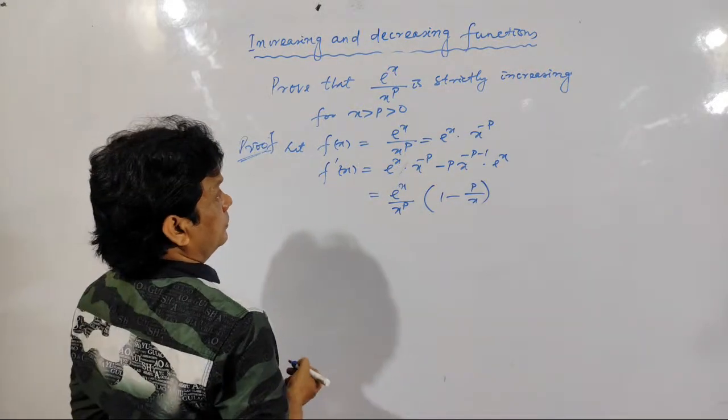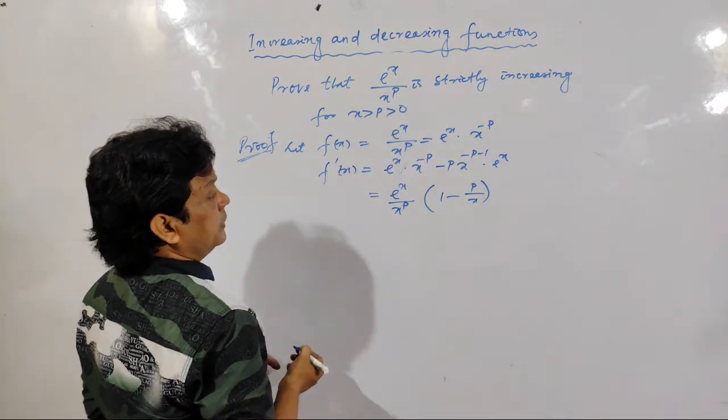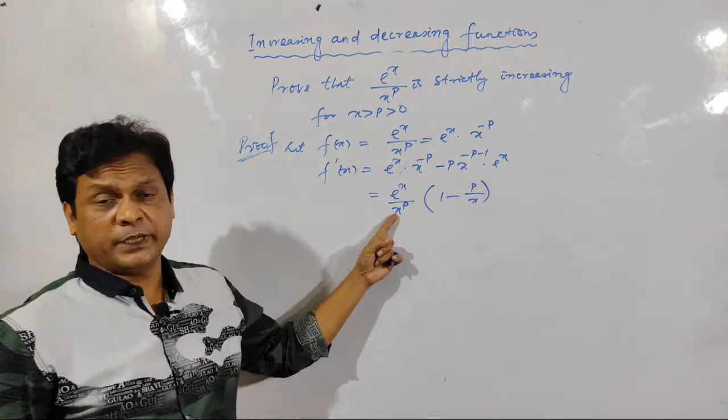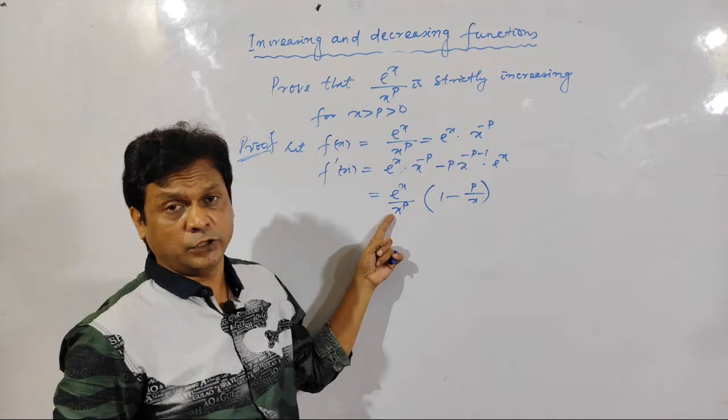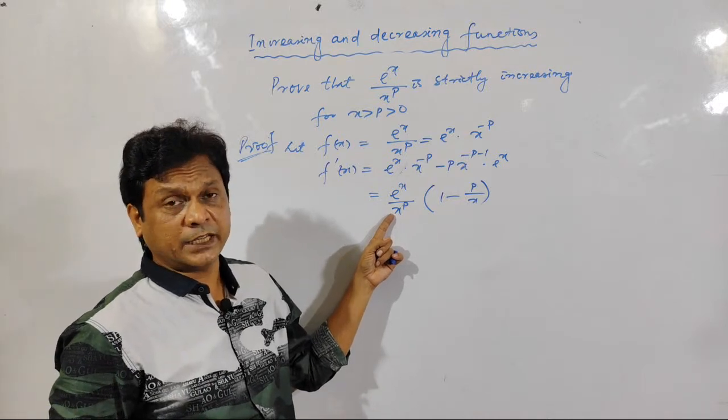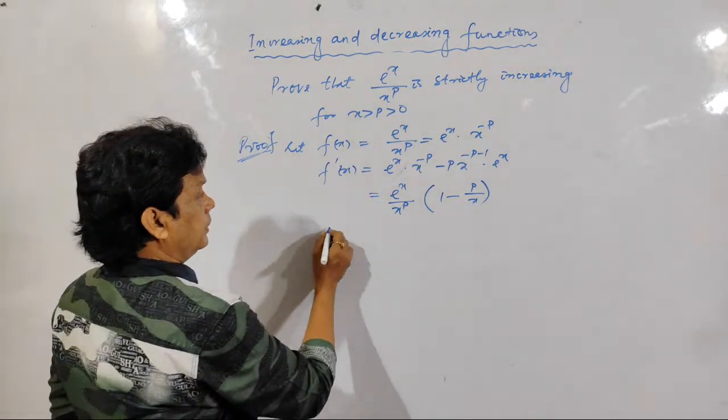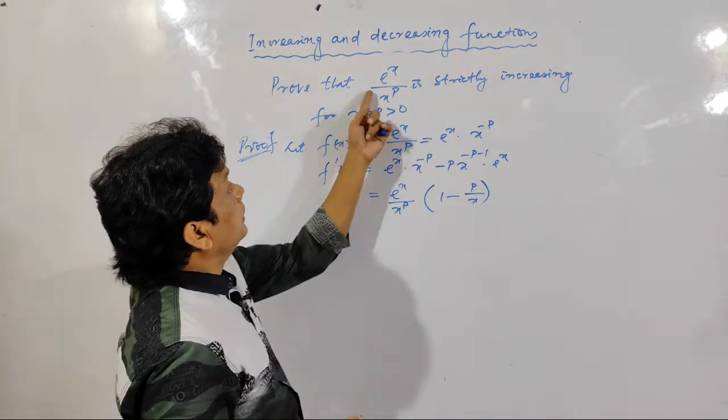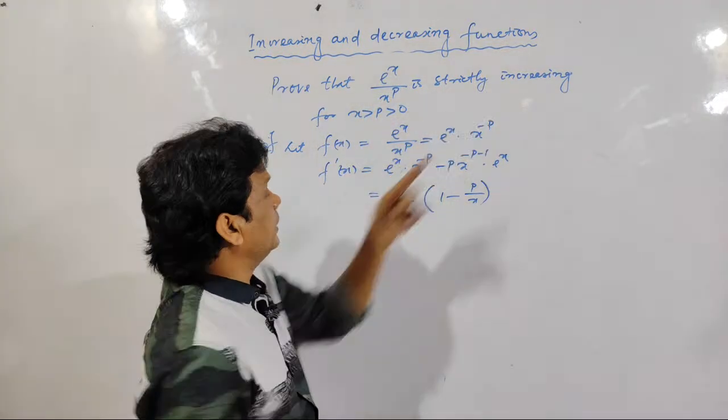Now see here, base cannot be negative, already I have told you. It is given that f is strictly increasing.